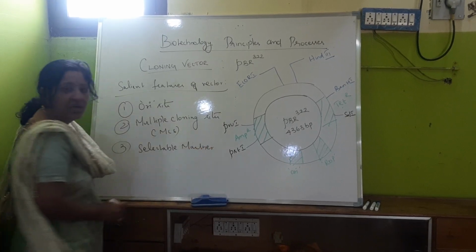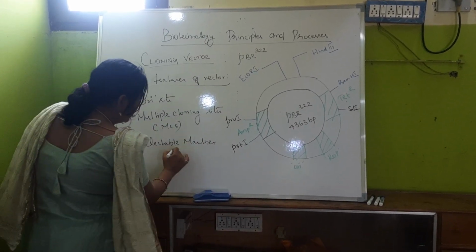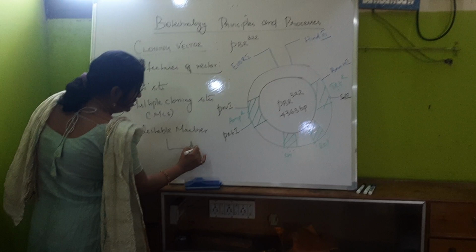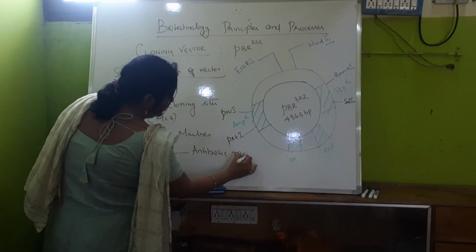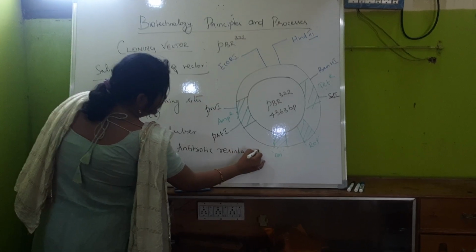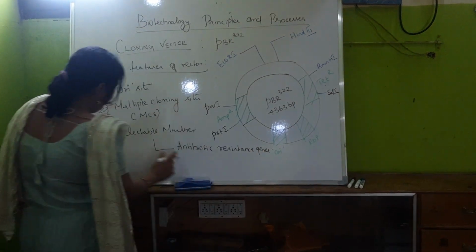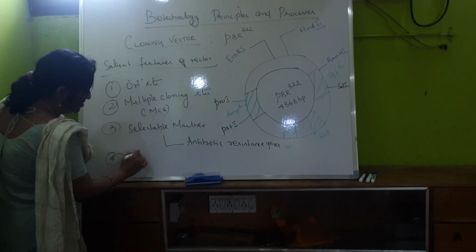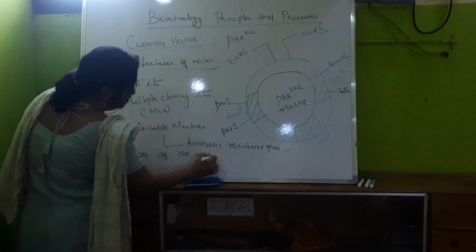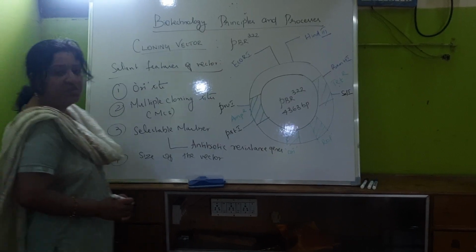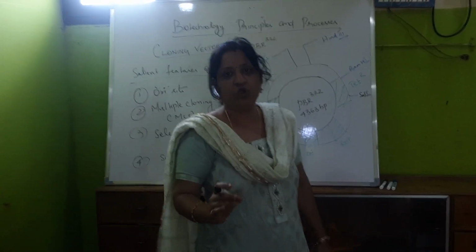The selectable marker we are using here is antibiotic resistant genes. The fourth one is we need to consider the size of the vector. So these are the four important points the vector should carry.